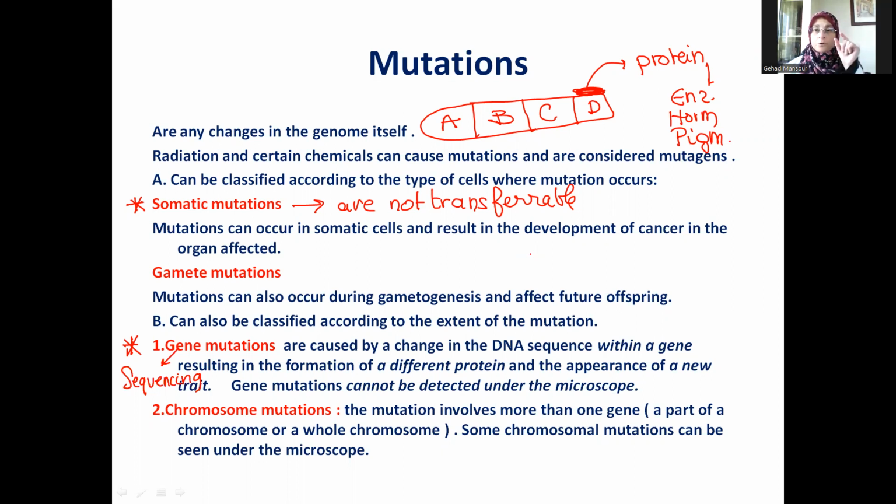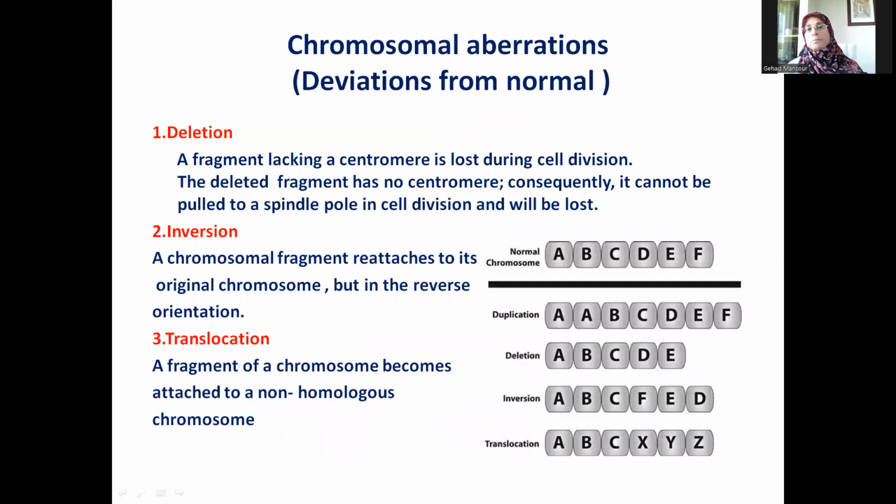But again, if the chromosomal mutation is in one part of the chromosome, meaning that it's not a mutation in the chromosomal number, but in the chromosomal structure, then definitely you wouldn't be capable of seeing it under the microscope. So the only ones that you can see under a microscope, like in karyotyping, are the chromosomal number mutations.